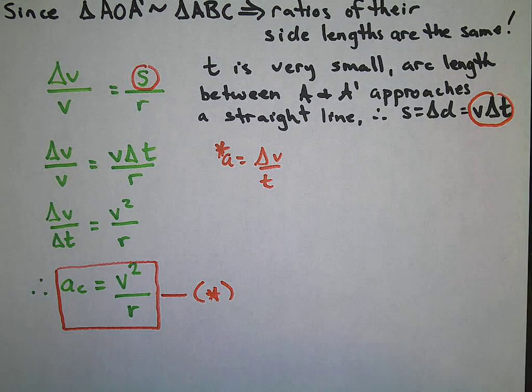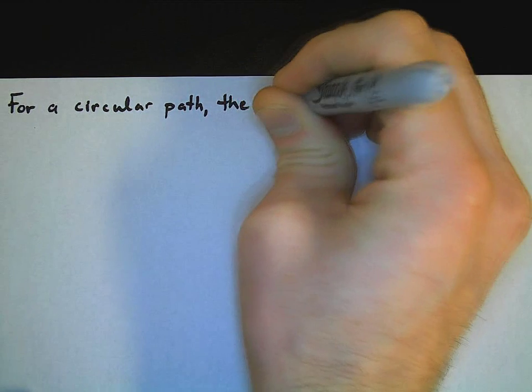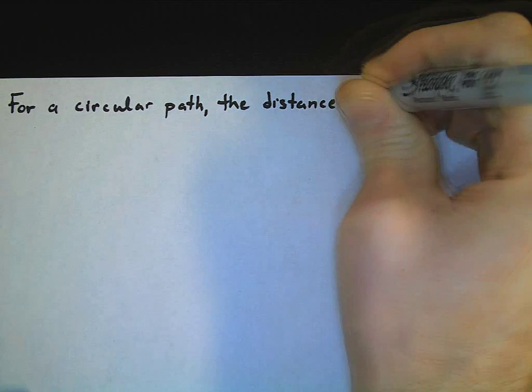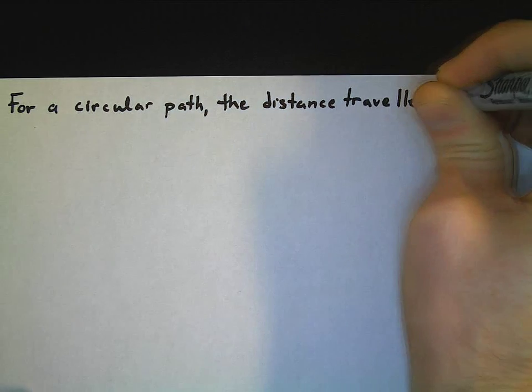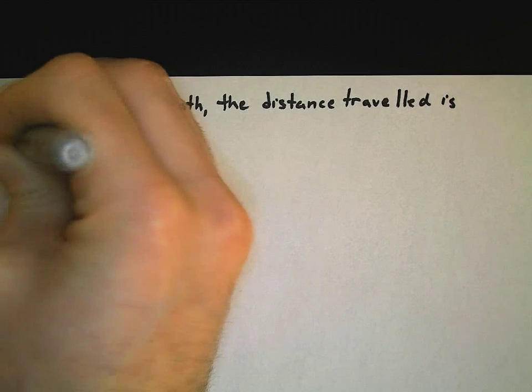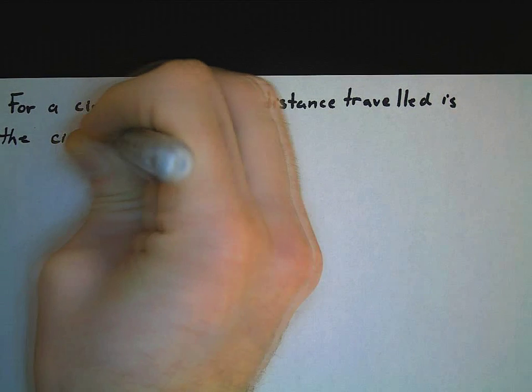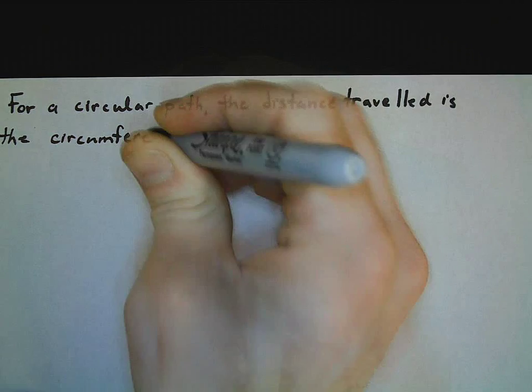We're traveling around a circular path. And because we're traveling around a circular path, the distance traveled is the circumference of a circle.